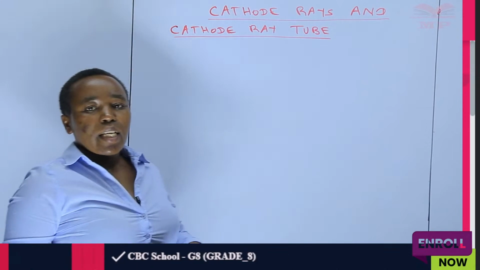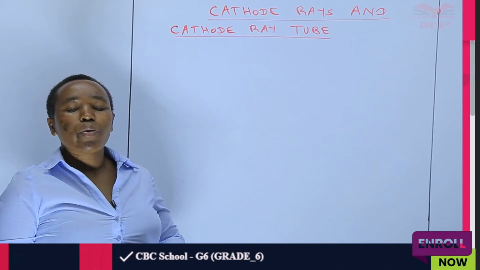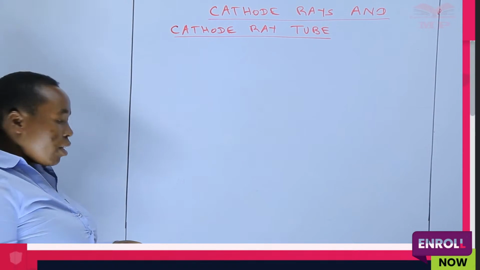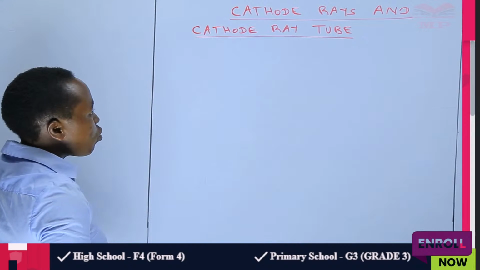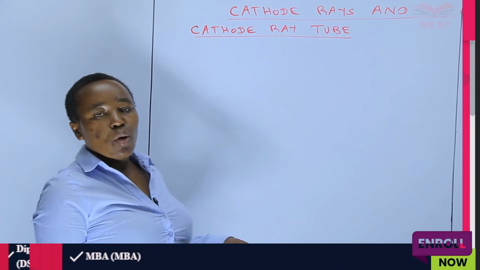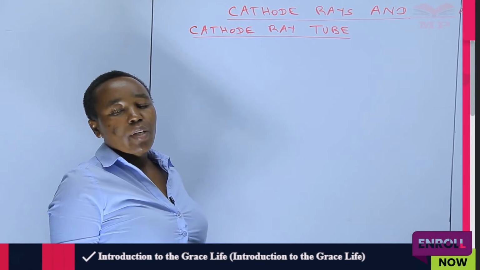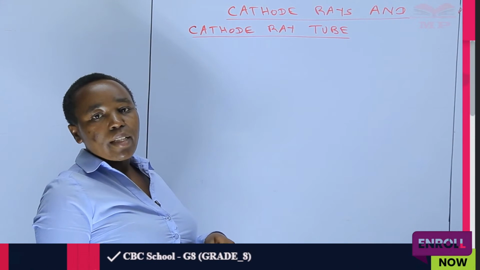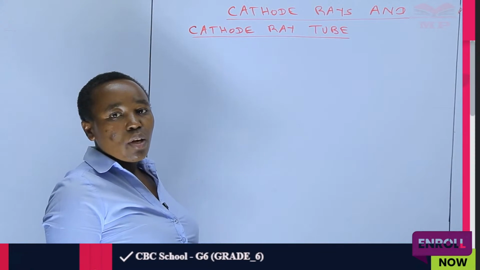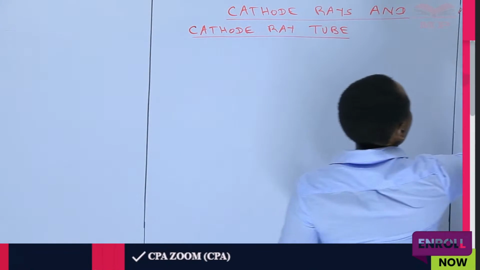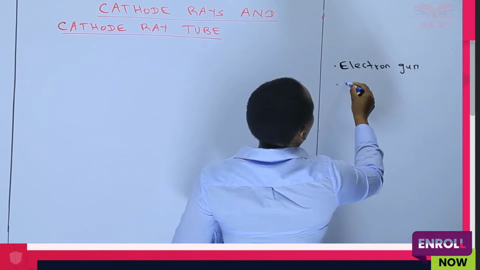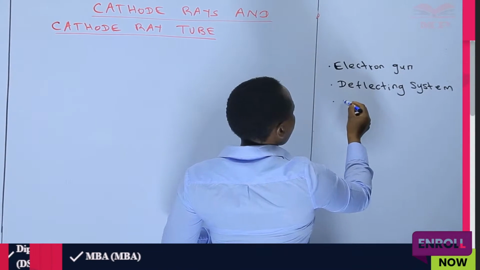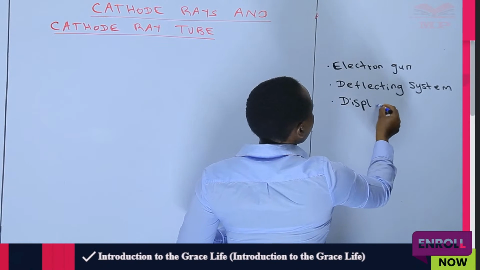During our previous lesson, we have been looking at the parts of a cathode ray oscilloscope, and we were able to know that a cathode ray oscilloscope is used in the production of cathode rays, and we were able to see the 3 major parts of a cathode ray oscilloscope, namely the electron gun, the deflecting system, and also the screen or the display system.